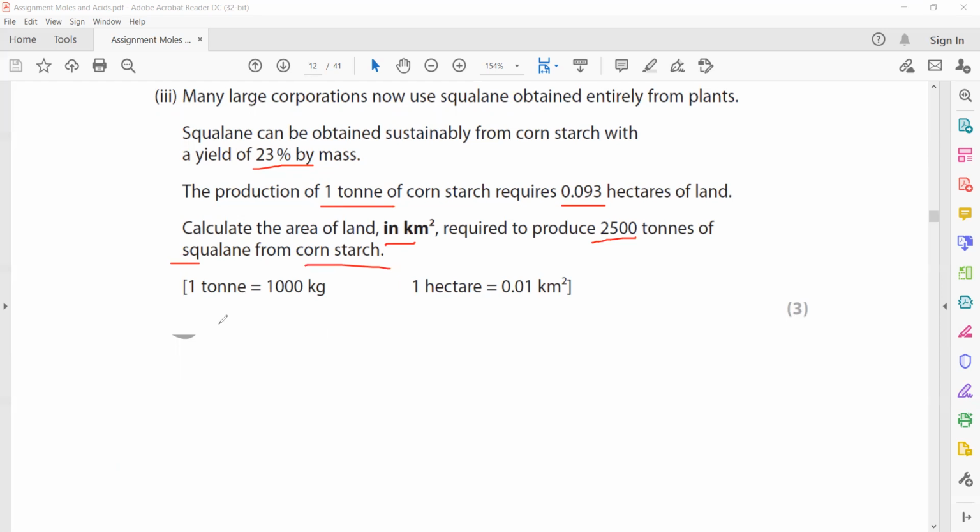First, we will find how much cornstarch is needed. If we want to produce 2500 tons and it is a 23% yield, what is the mass of the cornstarch needed?